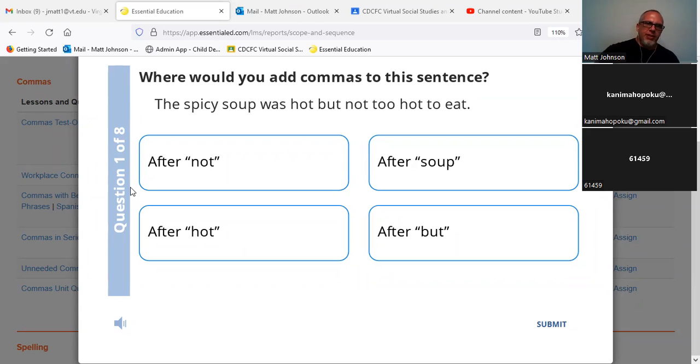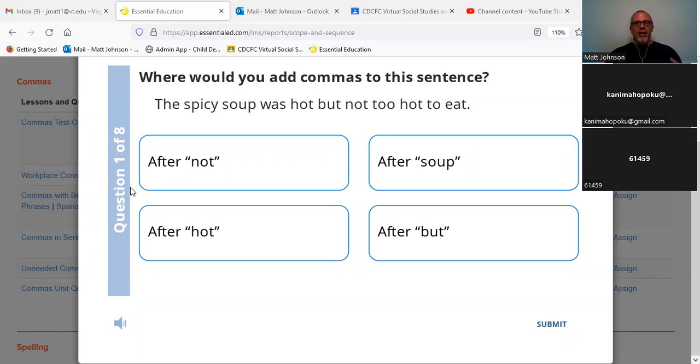So our first sentence here to look at: spicy soup was hot, but not too hot to eat. There's something else we want to look for, right? Conjunctions are fanboys words. So in this case, the spicy soup was hot, comma, but not too hot to eat.